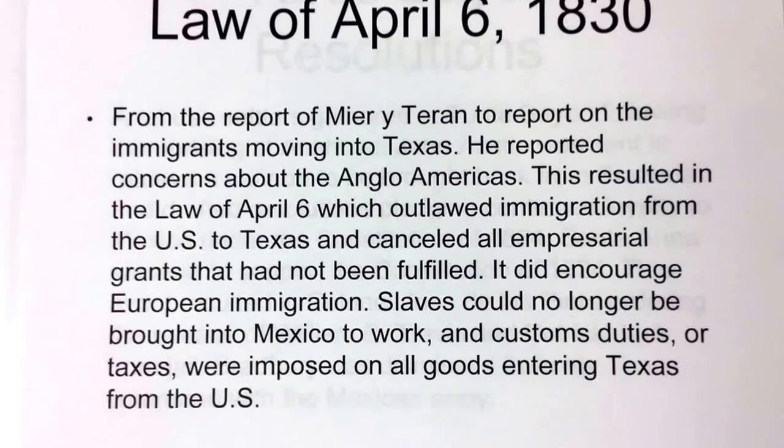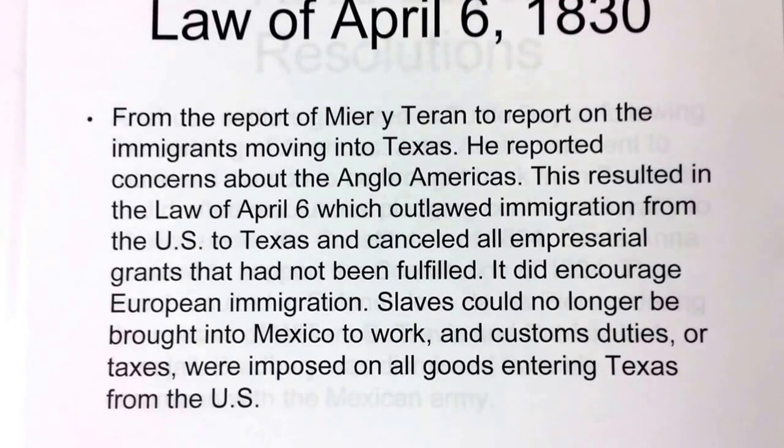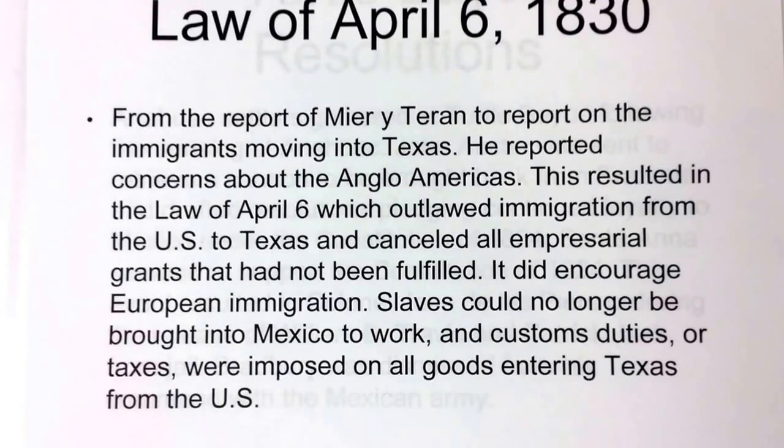So this general wrote the report, and then we have the Law of April 6, 1830. From the report of Mier y Terán on the immigrants moving into Texas, he reported concerns about the Anglo-Americans, which resulted in this law which outlawed immigration from the U.S. to Texas and canceled all impresarial grants that had not been fulfilled. So basically, it stopped all Americans from coming over. They could no longer come into the territory. Also, any impresarios that had not fulfilled their contract, it canceled that whole contract, and everybody lost everything that they signed up for, including the land.